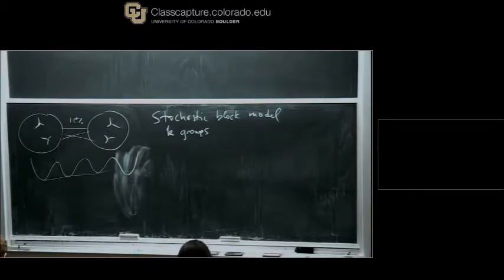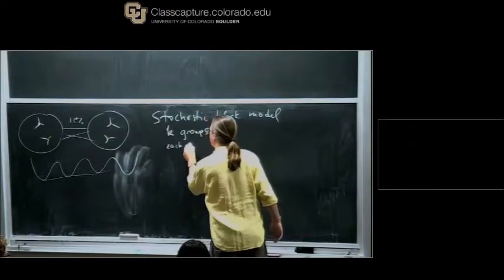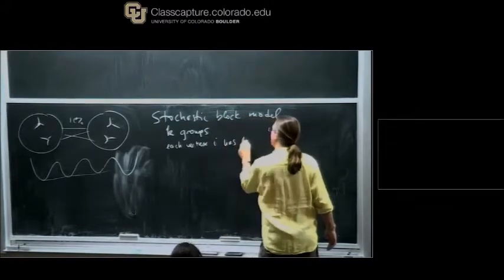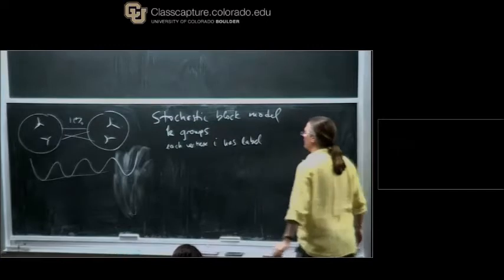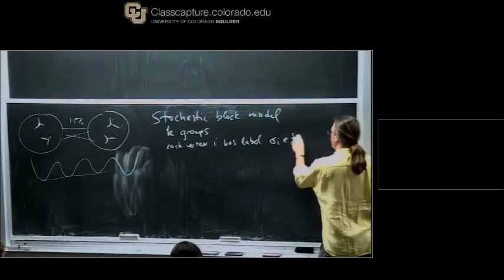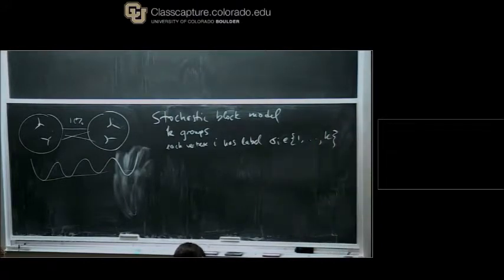That is a model selection problem, and people argue passionately about how to do it properly. I'm going to assume we know this number. And then each vertex, each node i, has a label which I will call sigma i, which tells us which group it belongs to.